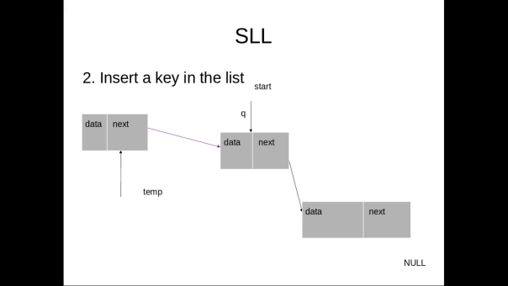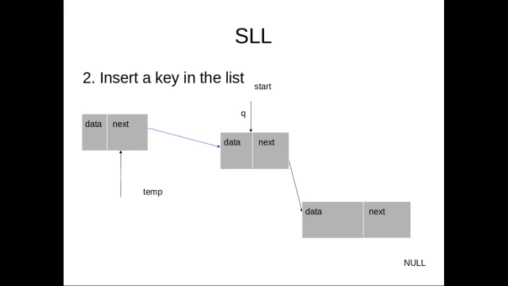One is at the front end, and one is at the ultimate end or the rear end. And you can also insert a key in between the nodes. So there are three cases: insert at the beginning, insert at end, and insert in the intermediate node.